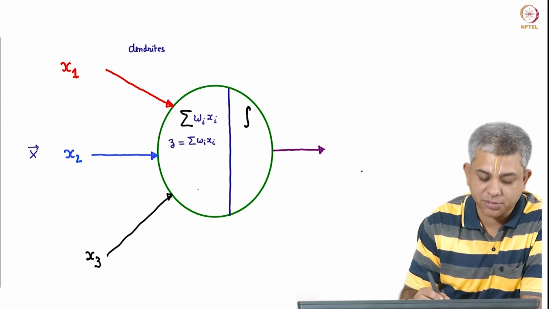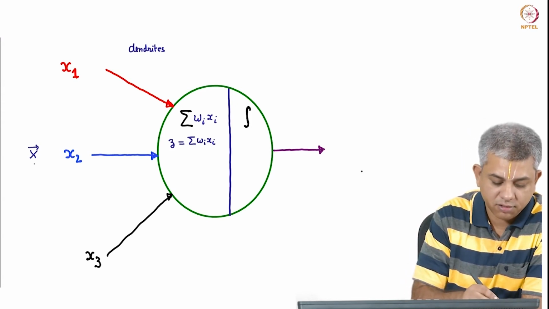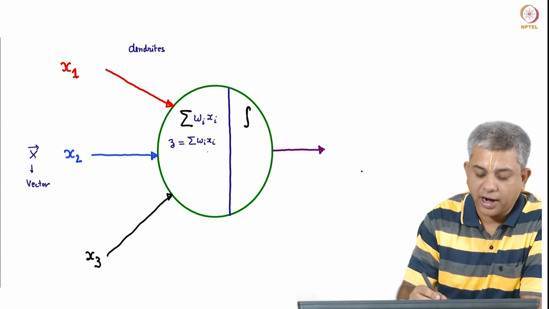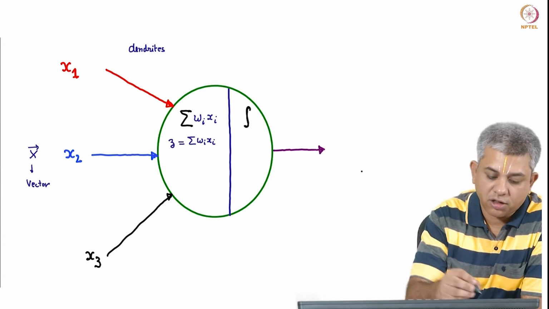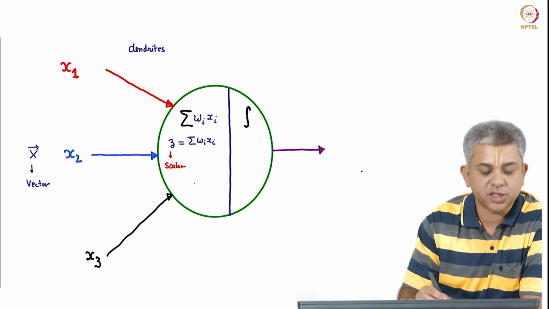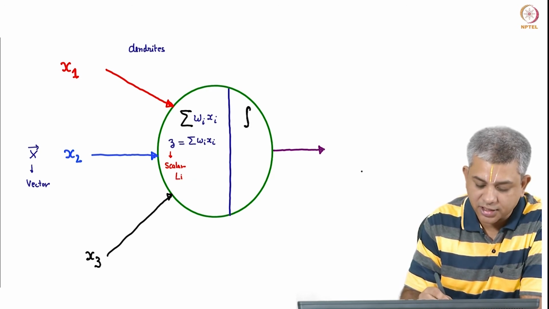Remember, the x that comes in is a vector and what comes out of this linear combination z is a scalar. Till this point, what we have here is essentially a linear combination.